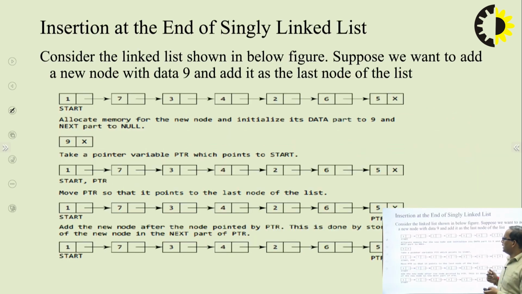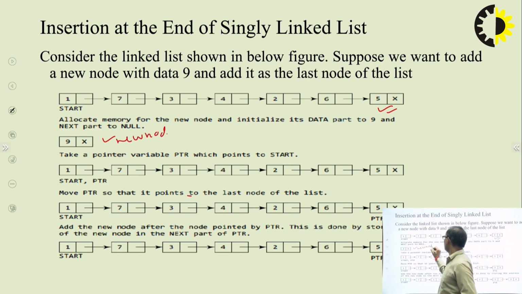This is the pictorial representation of the process for inserting a new node at the end of the linked list. Suppose this is the given linked list, which has 7 nodes, and we are going to insert this new node at the end of the linked list.